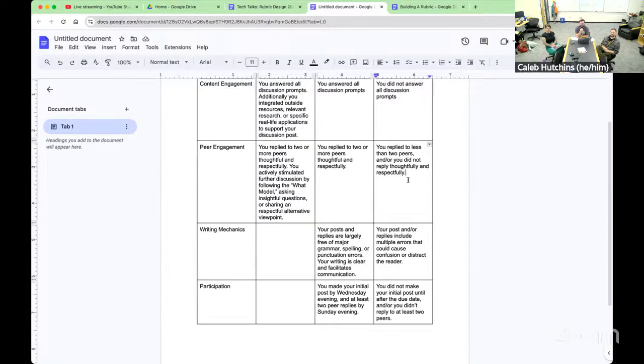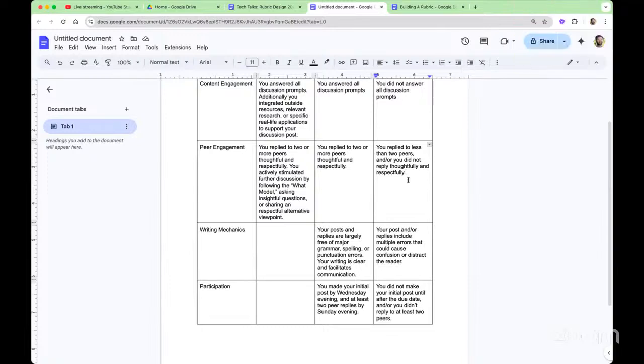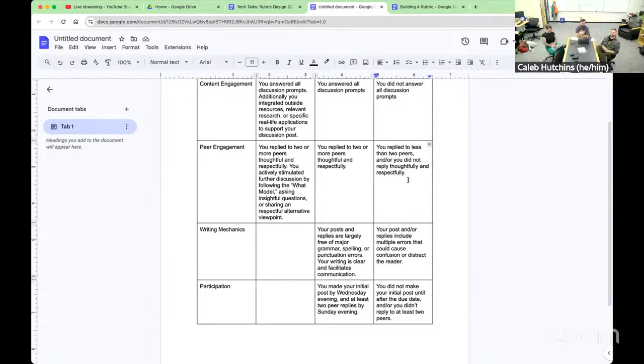And I think that comes down to the question of how many criteria you want to have in the assignment, especially if this is a very formative assessment, maybe early on in the quarter when you're still modeling what those discussion expectations are. It might make sense to split those up.